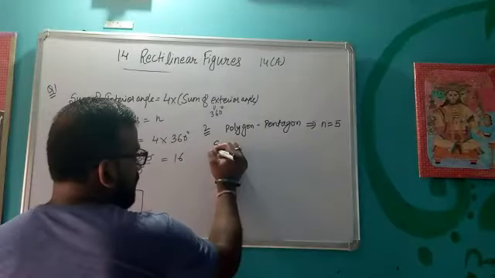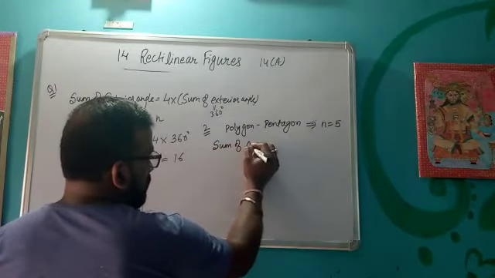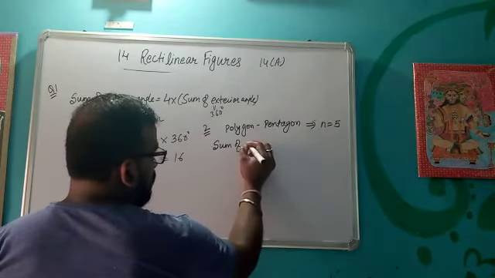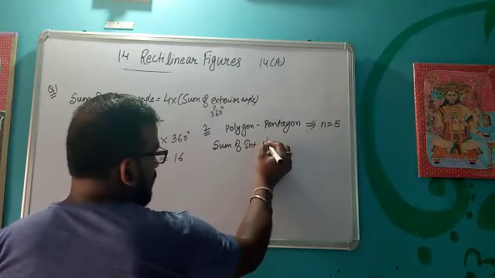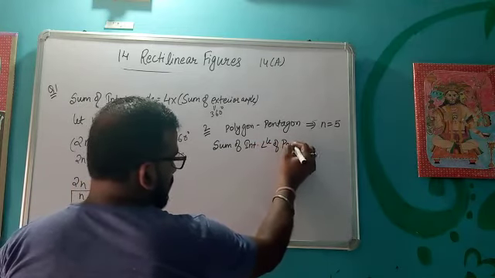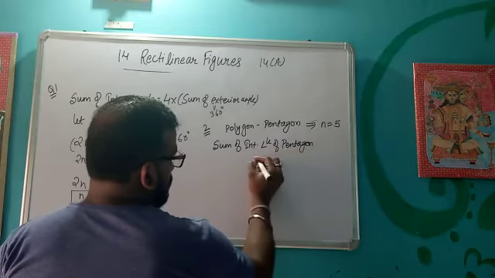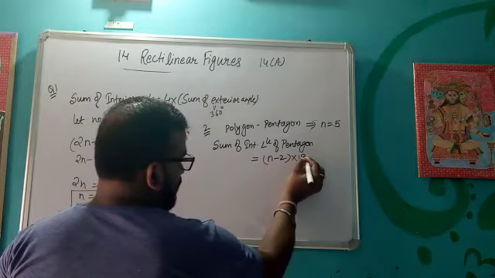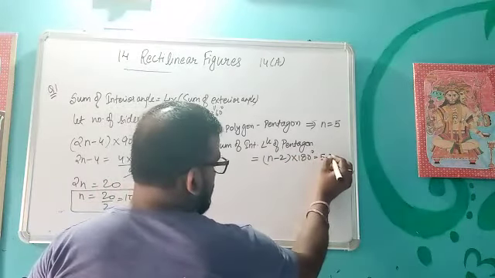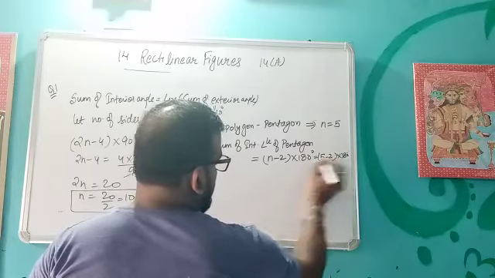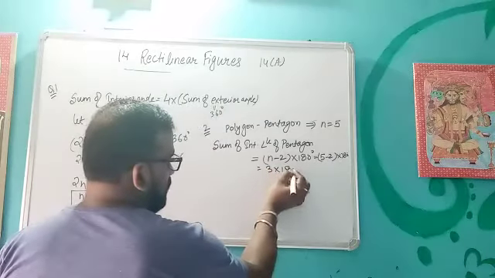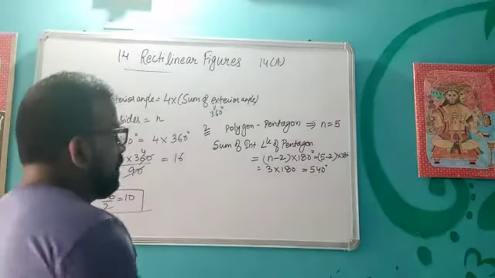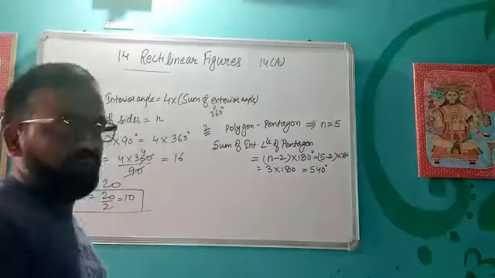So first we will calculate the sum of interior angles of the pentagon. This will be our formula, (n minus 2) into 180. I have taken 2 as common. So (5 minus 2) into 180, so 3 into 180, that is 540 degrees. Okay. So the sum of interior angles of the pentagon is 540 degrees.